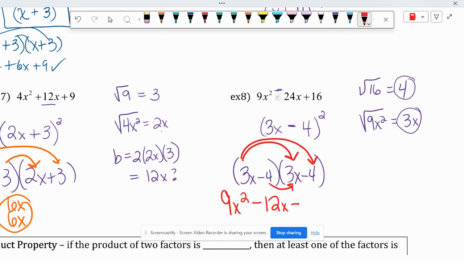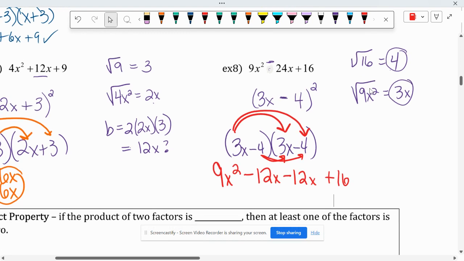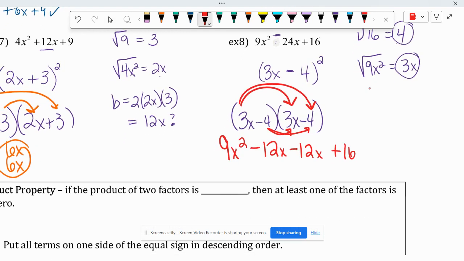Negative 4 times 3x is negative 12x. Negative 4 times negative 4 is a positive 16. What happens to those two negative 12s in the middle? Yeah, they combine to make negative 24x, which is what you started with, okay?